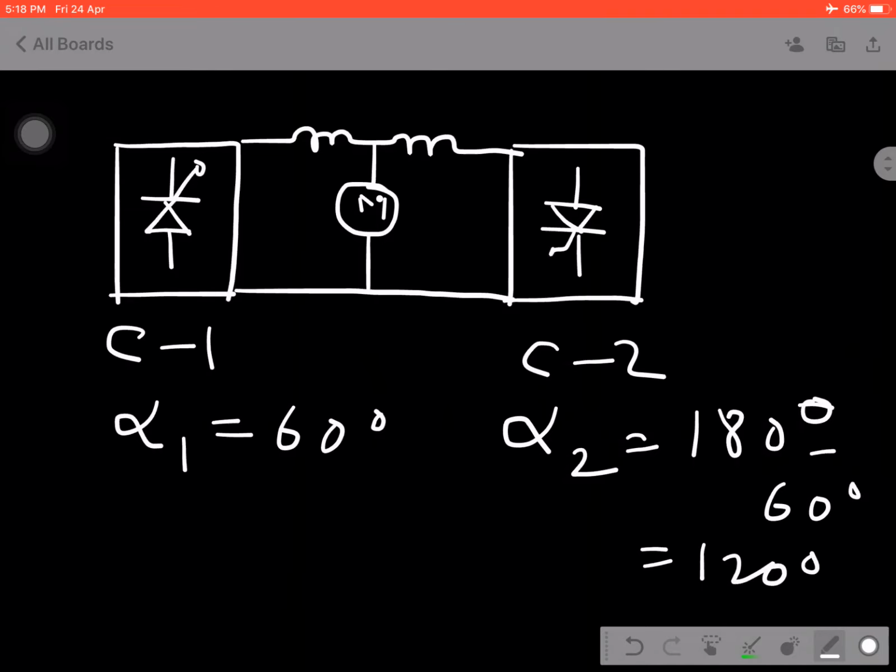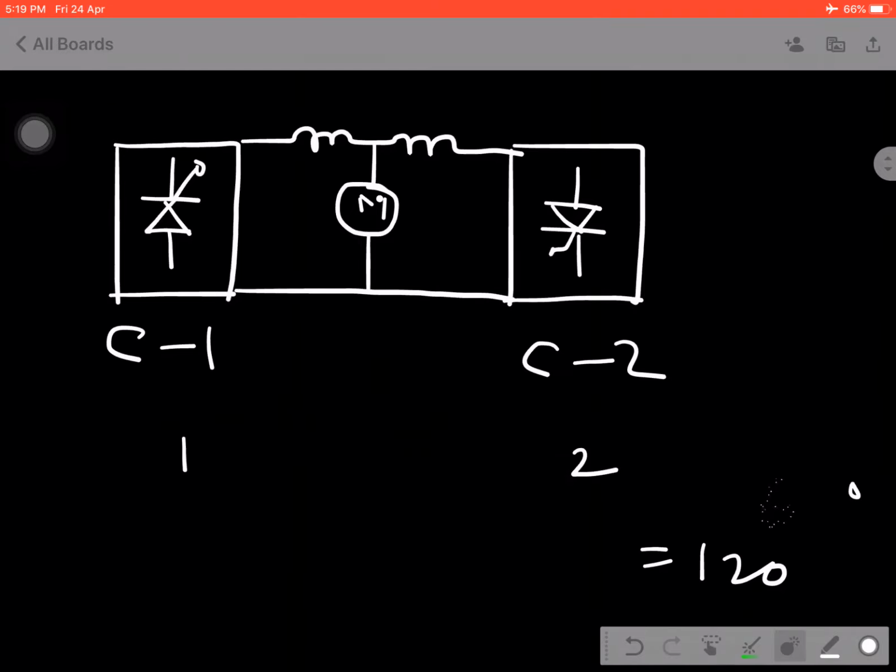When the first converter starts working, the current flows through the load in this direction. Suppose the machine then moves in the clockwise direction. When we apply the next triggering pulse, 120 degree, to the second converter, the current flows in this direction.